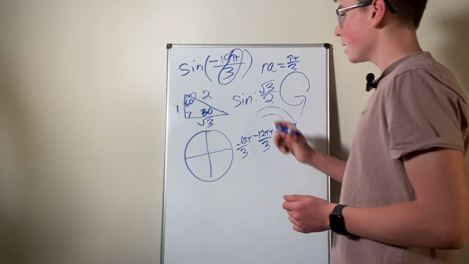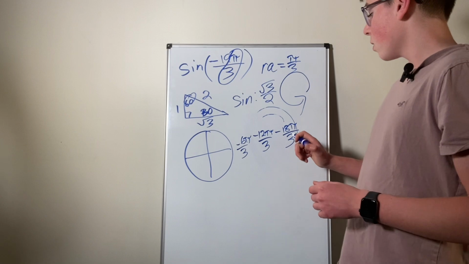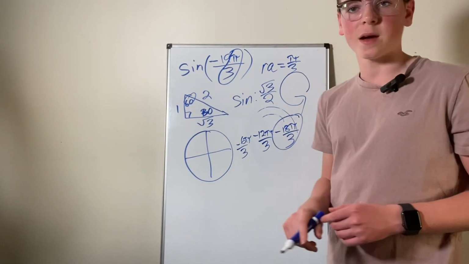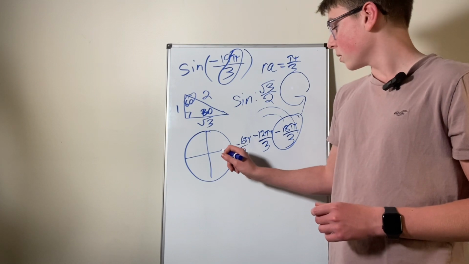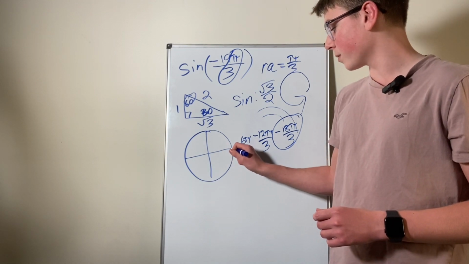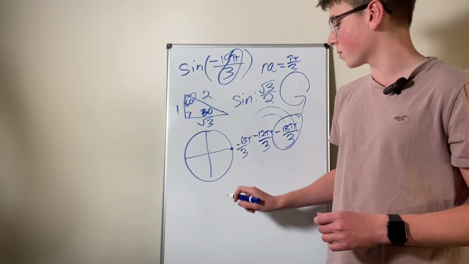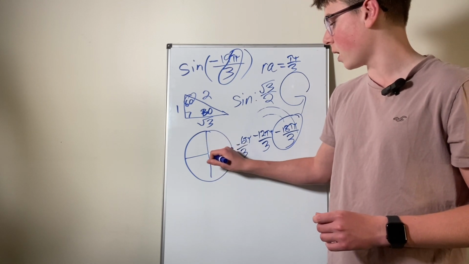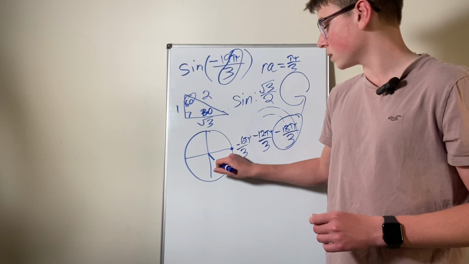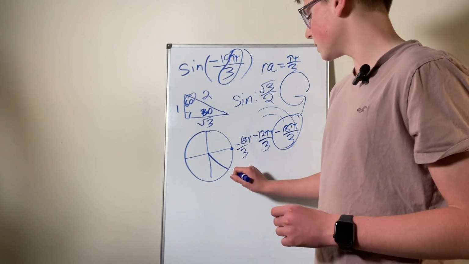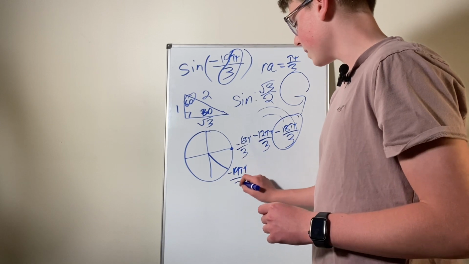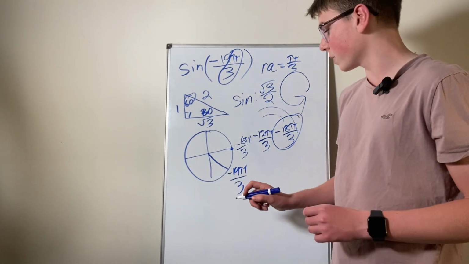And I know negative 19 pi over 3 is one more negative pi over 3 away from negative 18 pi over 3. So here is negative 18 pi over 3, and then you have to move negative pi over 3 away. So again, we're not going to move counterclockwise. We're going to move clockwise. And again, this is like 60 degrees. This is negative 19 pi over 3, which is the same thing as just negative pi over 3.